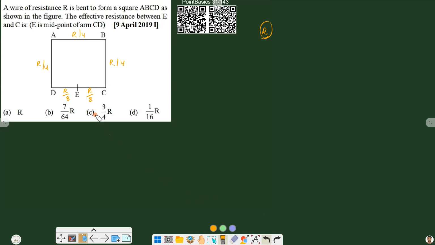So now we have all the resistances, and we have to find the effective resistance between E and C. Between E and C, we have two paths. We can go directly from E to C, or we can go from E to D, then A, then B, and then C. So E and C are connected via two paths, and both of these are in parallel.